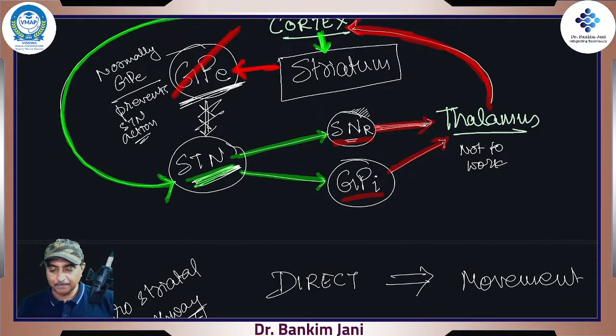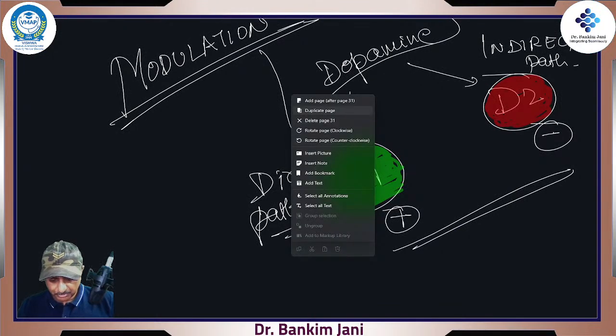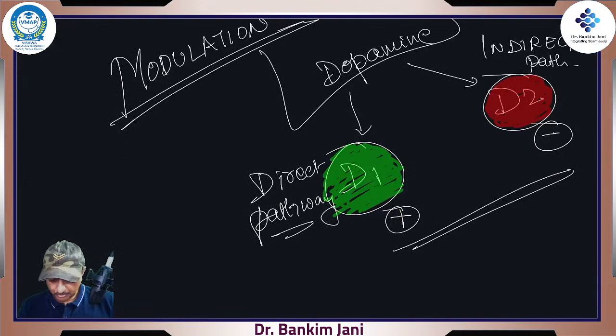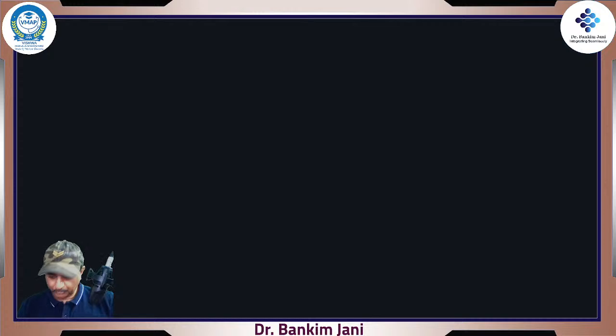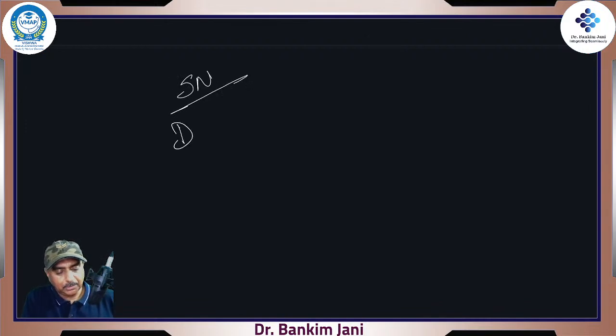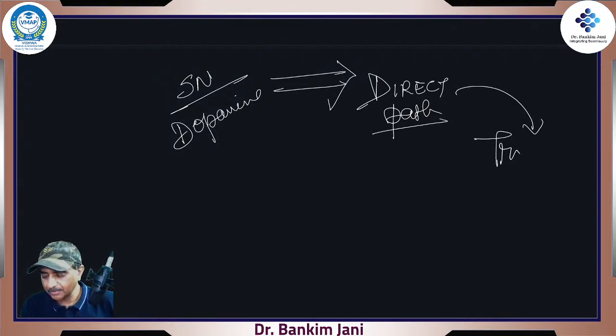So let's add one more page, duplicate page. So in a nutshell, substantia nigra is damaged, dopamine is affected, and when the direct pathway is involved, that will lead to tremors.